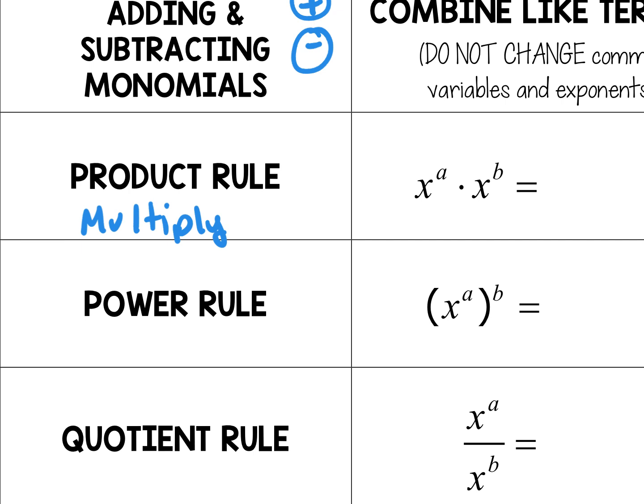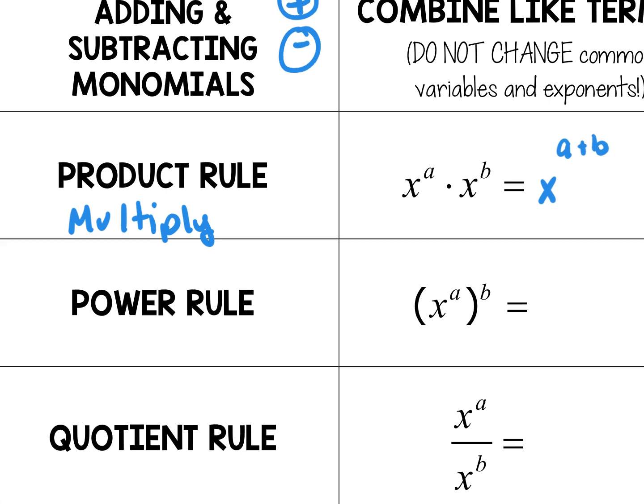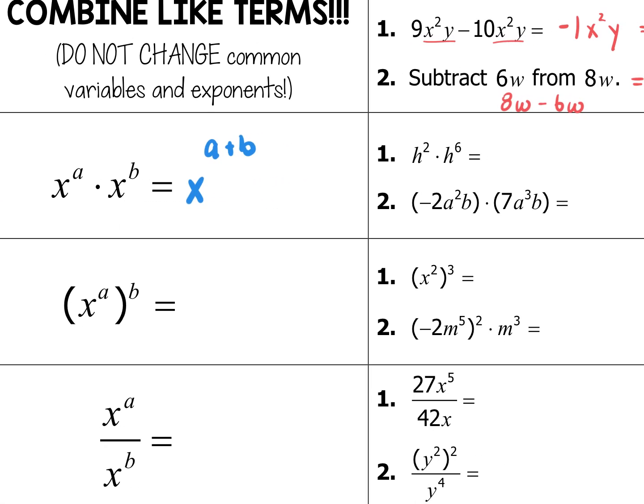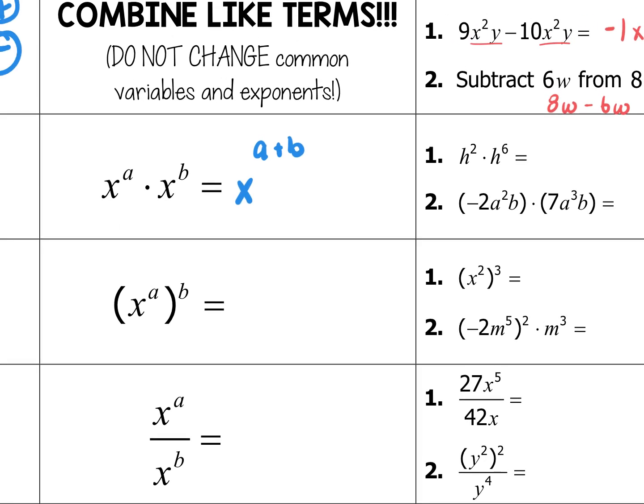But the rule is here, when we are multiplying, we are going to do x to the a plus b. You're just going to add those two numbers together, okay? So let's go over to our example here. If I'm looking at h squared times h to the 6th, I'm just going to add 2 plus 6 together, and I'm going to get h to the 8th, okay?